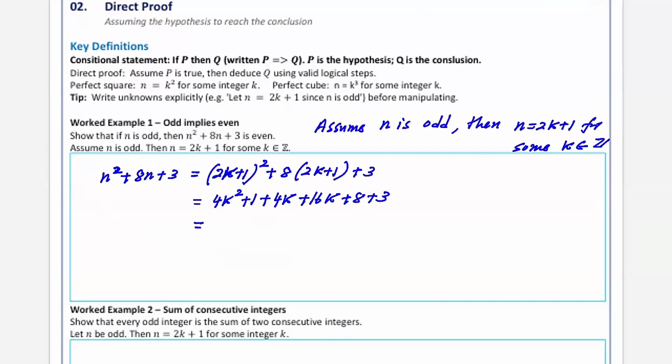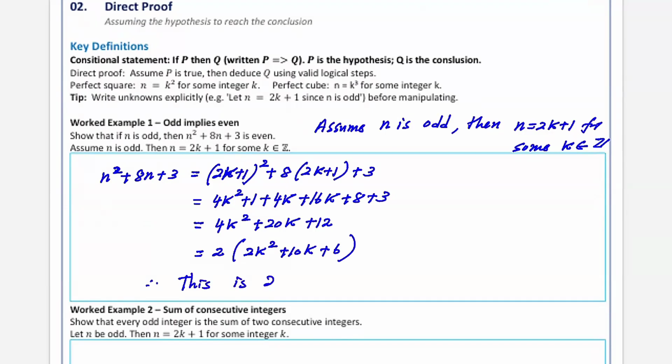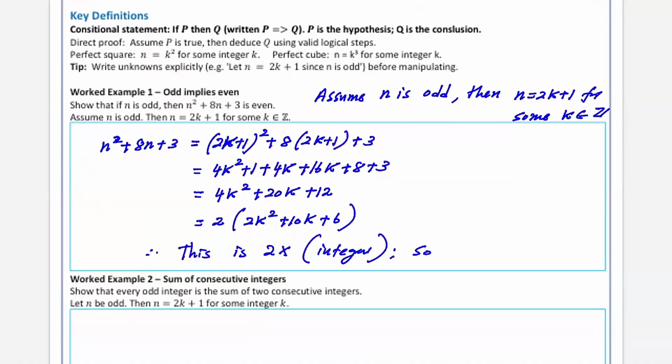So if you simplify this, you get 4k squared plus 20k plus 12. So you take 2 out. So then it's going to be 2 times (2k squared plus 10k plus 6), right? So this is 2 times an integer, so it is even.